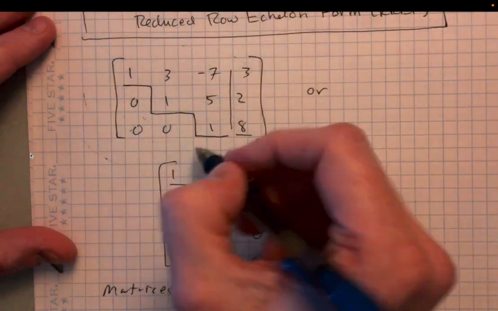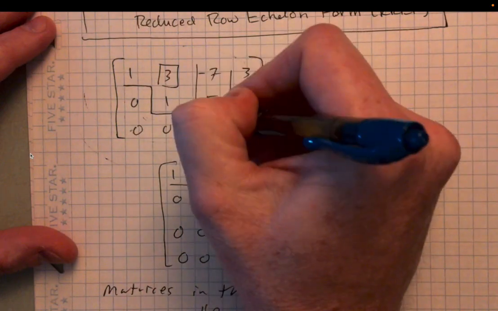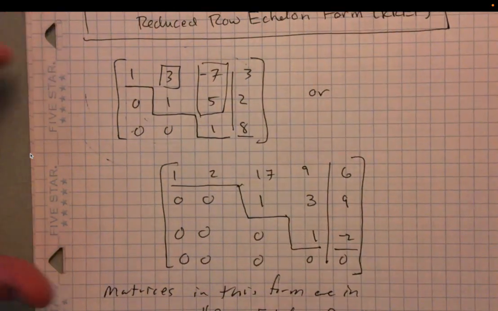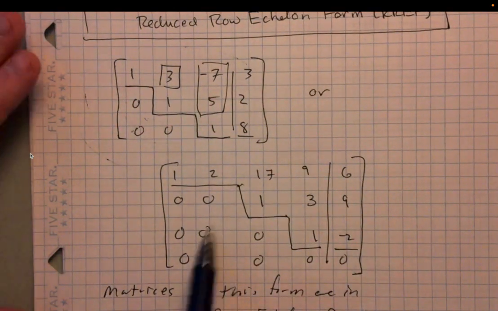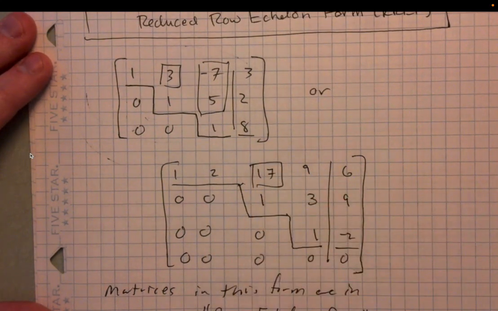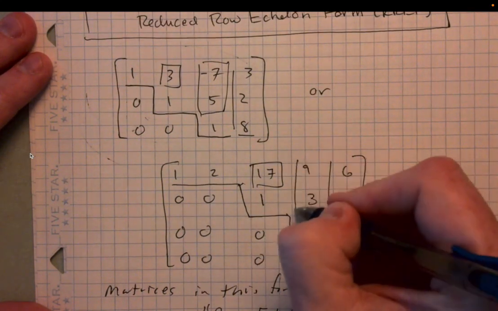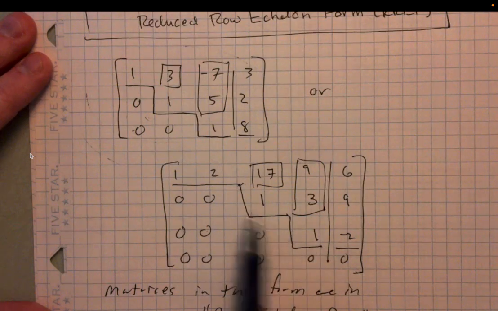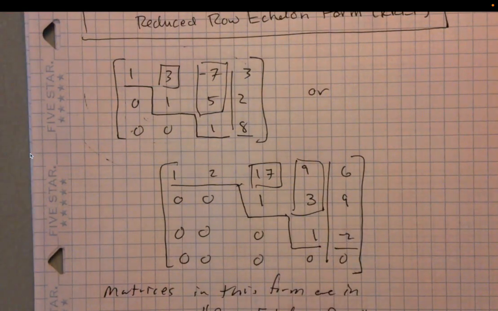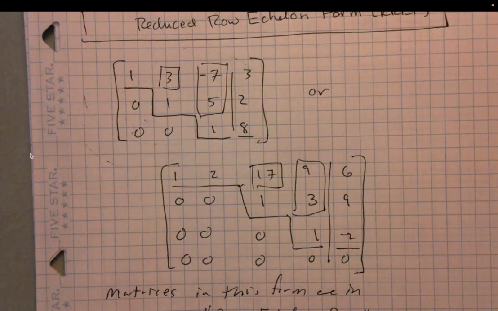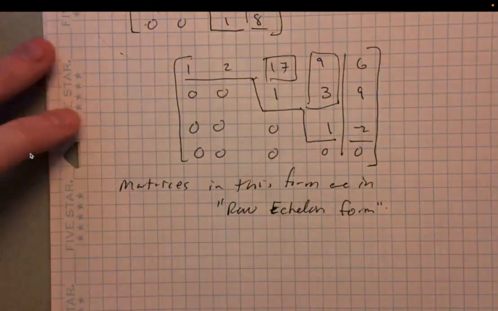Well, we could also come in and target these entries as well and turn those into zeros. In this matrix, we could easily target that 17 and the 9 and 3 because they're above the pivots, and we could turn those into zeros as well. This is a very simple and obvious extension of Gaussian elimination, and this is what's meant by Gauss-Jordan row reduction.